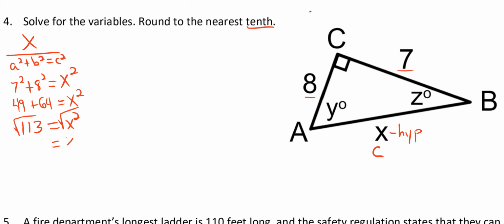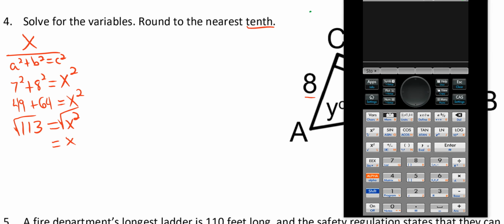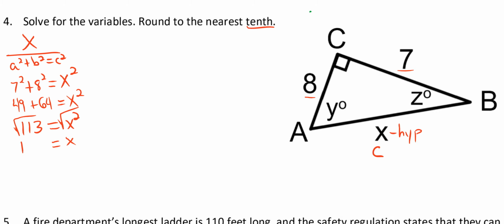On this side, we're left with x, and on this side, we just need to take the square root of 113. Get that, and it says that is 10.63. Since we're rounding to the tenth, that's just going to be 10.6 units. All right, so x we're done with. It's 10.6.